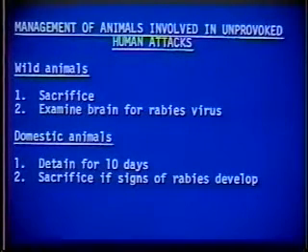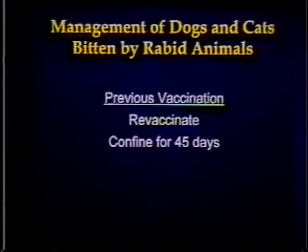This changes, of course, if the animal has been bitten by another rabid animal, and in that case, the animal is handled differently depending upon the circumstances of vaccination. If the animal that has been bitten by a rabid animal has been previously vaccinated, as in the case, for example, of a cat or a dog, then there is a 45-day confinement period with a revaccination.